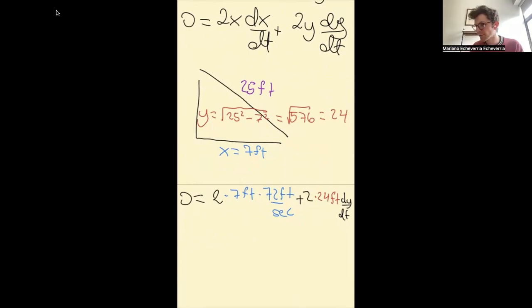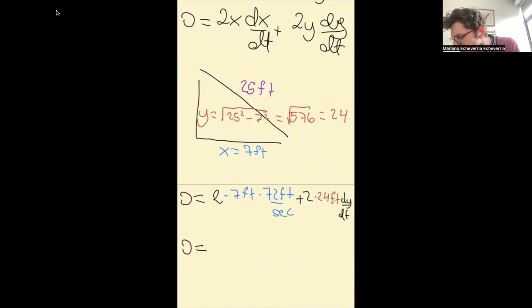I mean, so you can divide by 2 on both sides of the equation, and so you get 7 feet times 72 feet per second plus 24. Oh, okay, you can even divide by 24 on both sides. I mean, you have to do some simplification here.